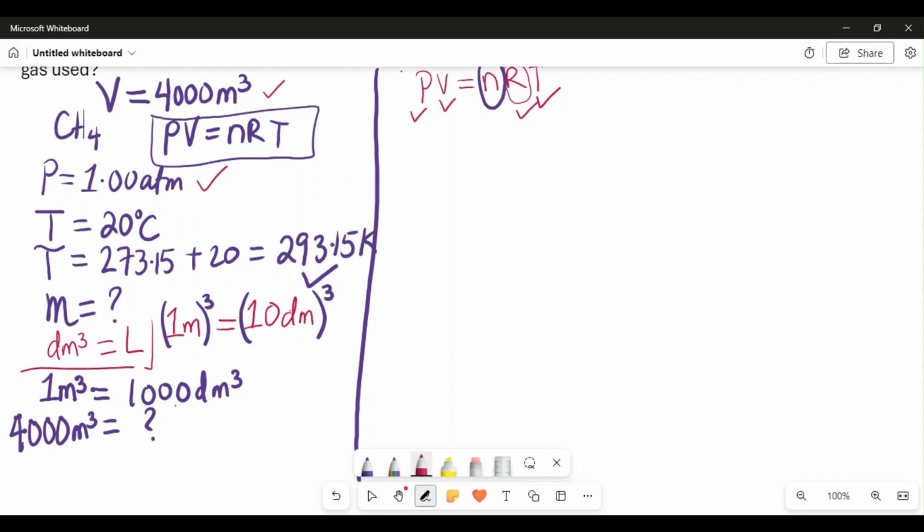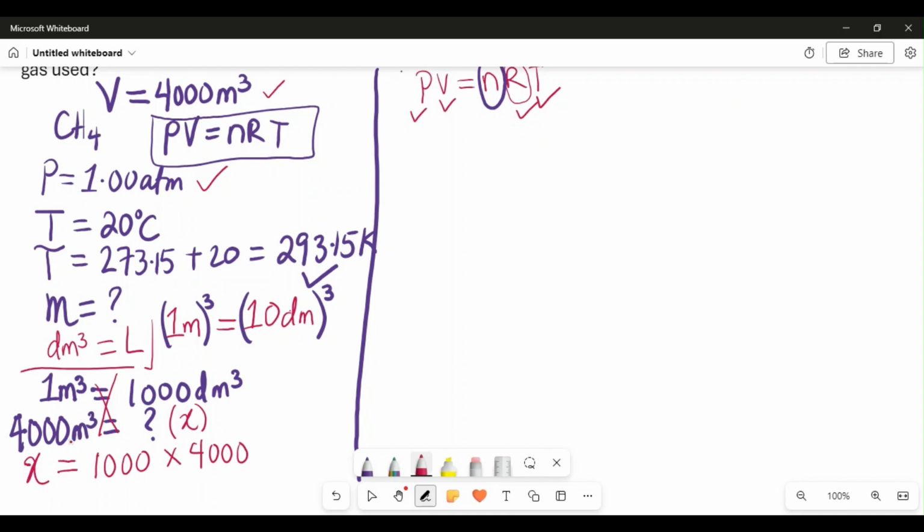We're using the proportionality formula, so we just cross multiply, since we know that 1 meter cubed always equals 1,000 decimeter cubed. So 4,000 meter cubed equals the unknown x, the volume in decimeter cubed, which equals 1,000 times 4,000.